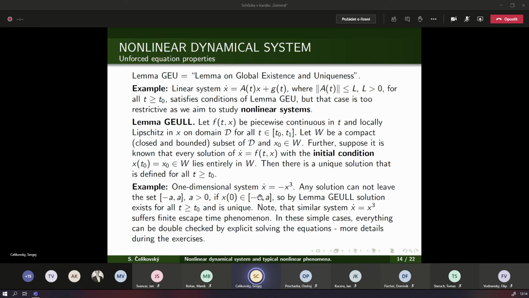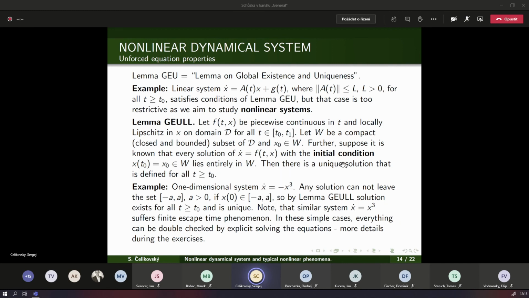So if you start at minus a, then the derivative will be minus (minus a) cube, so it will be a cube. That means that at this point it is growing. And if you put here a, that is minus a cube, and it is decreasing. So all trajectories will come towards the origin.